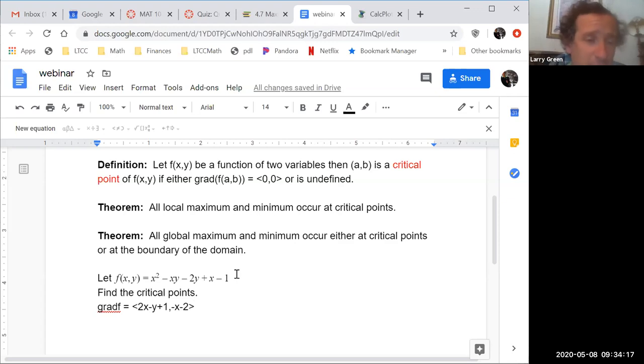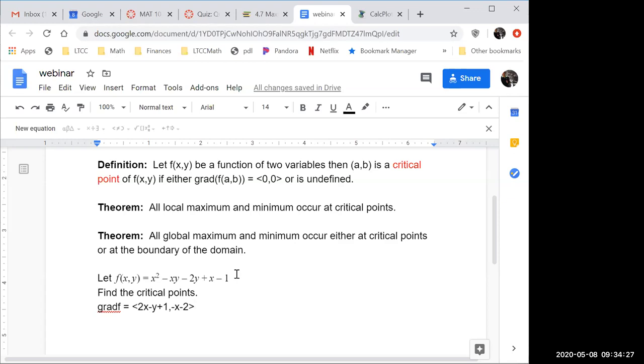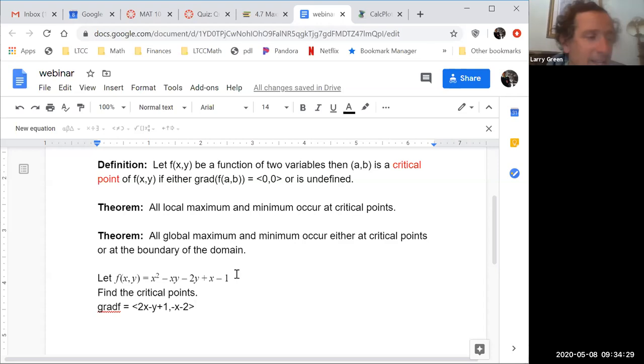All right, I want to find the critical point. So what do I do? Set it equal to 0. Yeah, and note that this sounds weird, but this is not the 0 you're familiar with. This is a different 0. This is the vector 0. So we're going to set it equal to the vector 0, which is (0, 0).